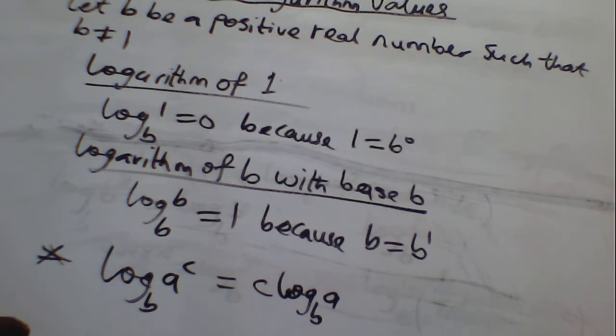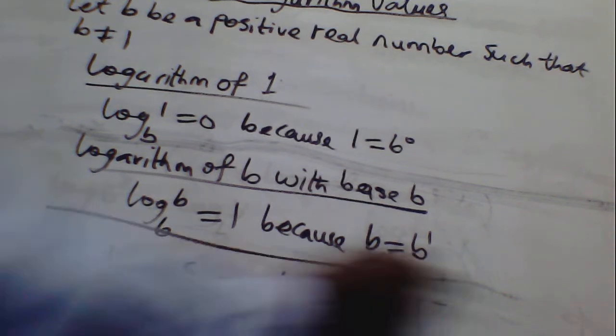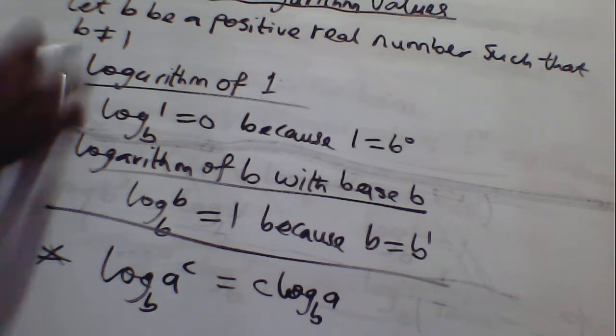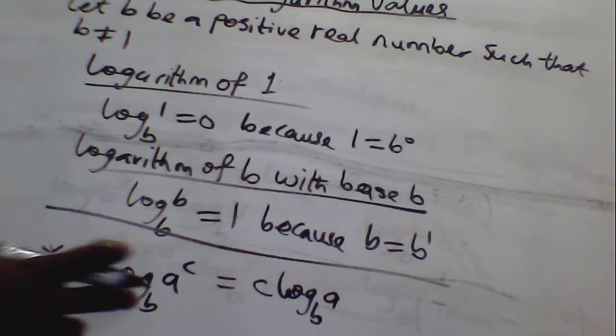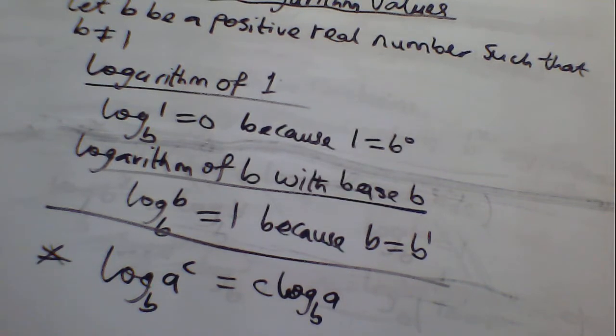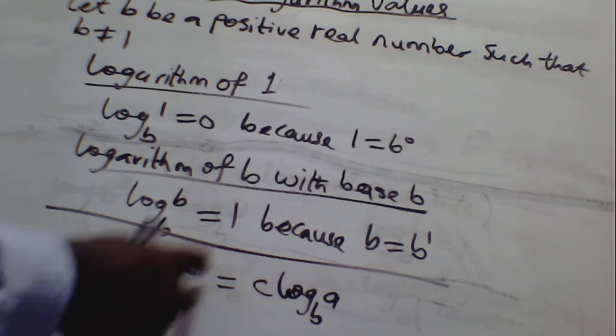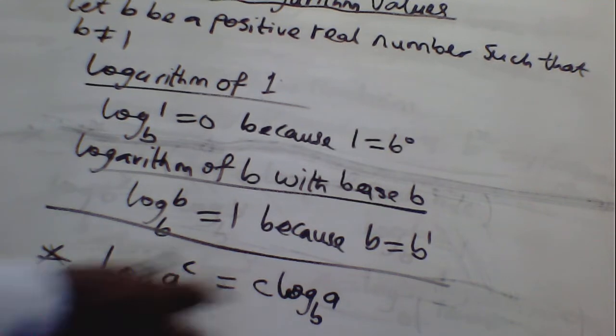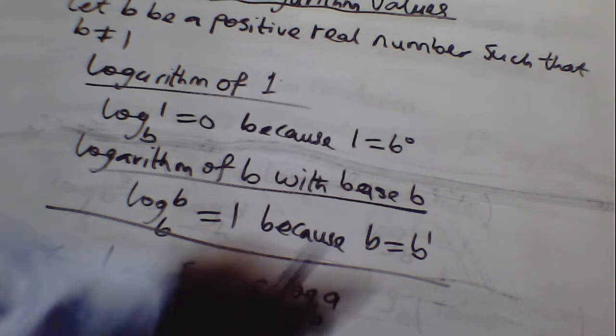This is different from these two special logarithm values. So log a to exponent c in base b is equal to c log a to base b.